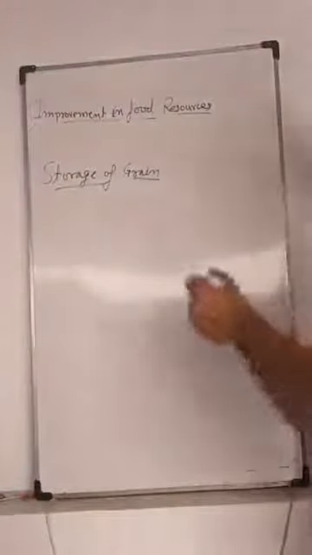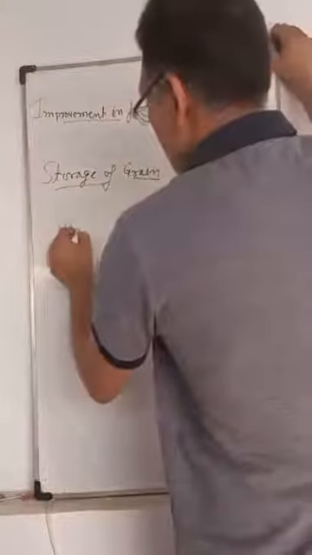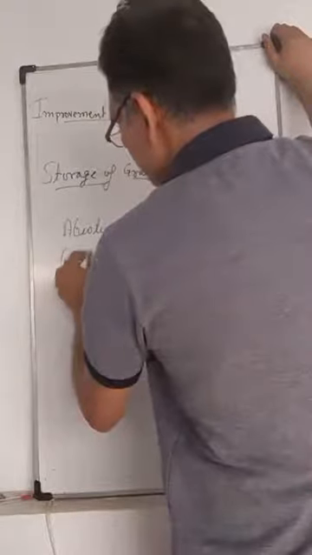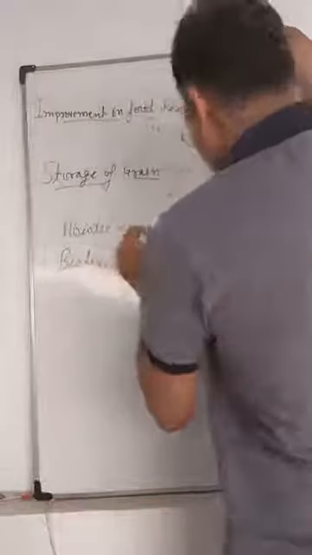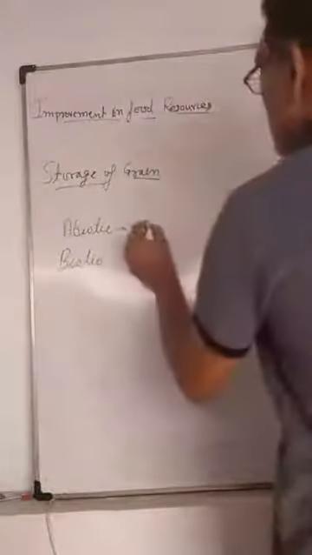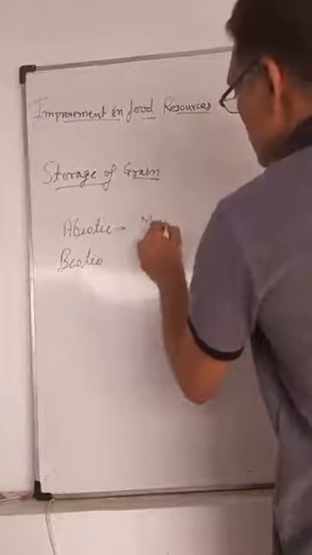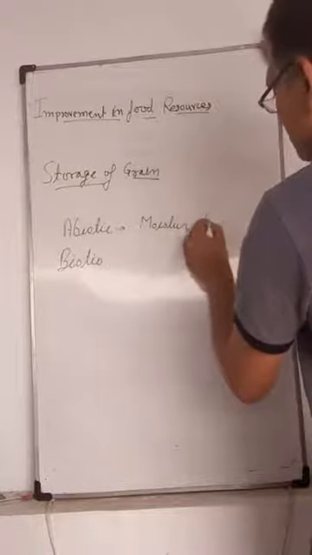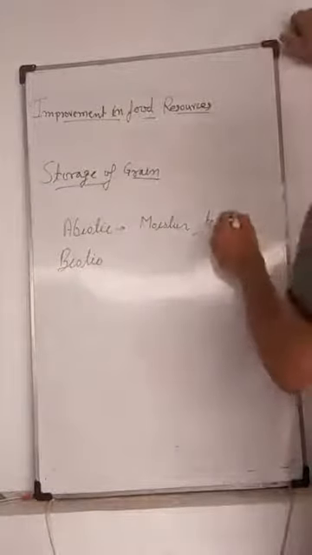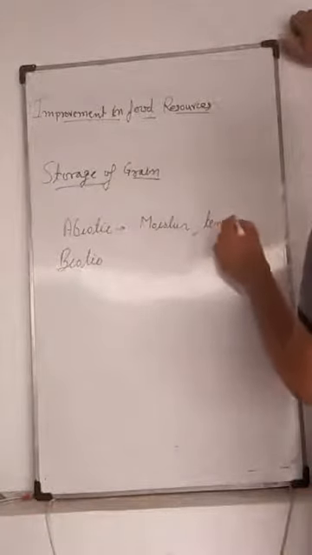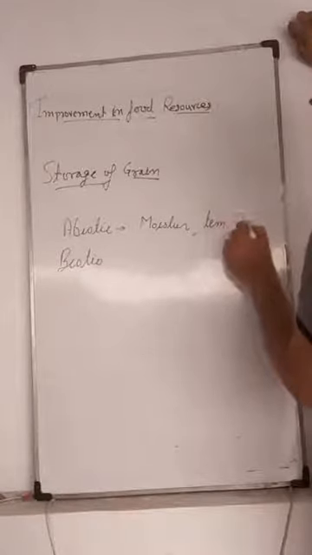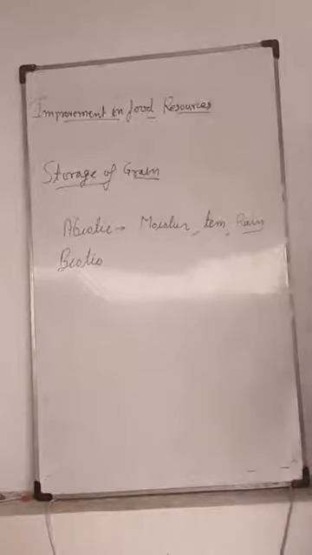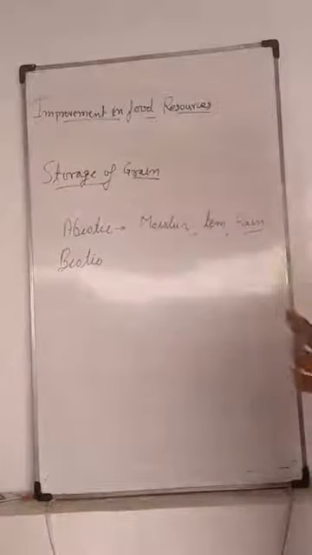These factors are abiotic and biotic. Abiotic factors are moisture, temperature, rain, humidity, and other things.